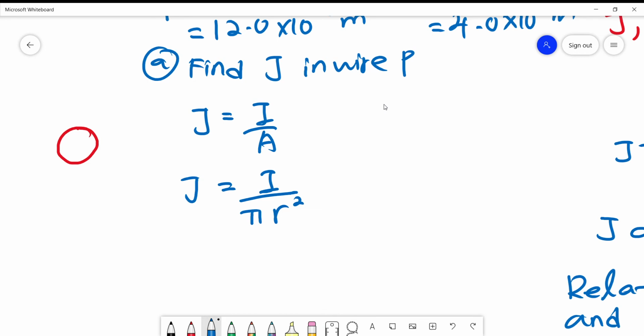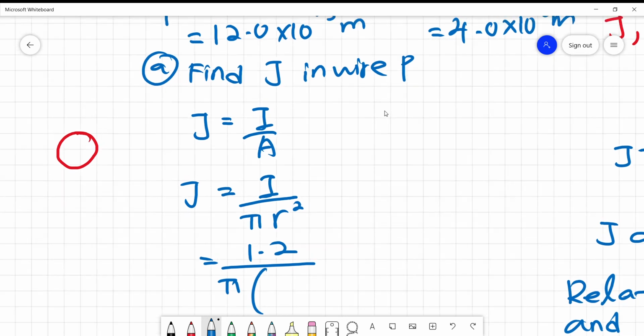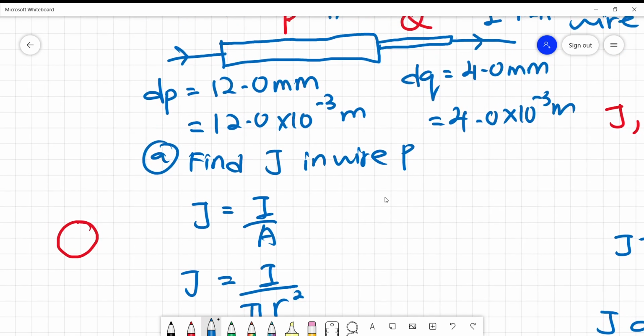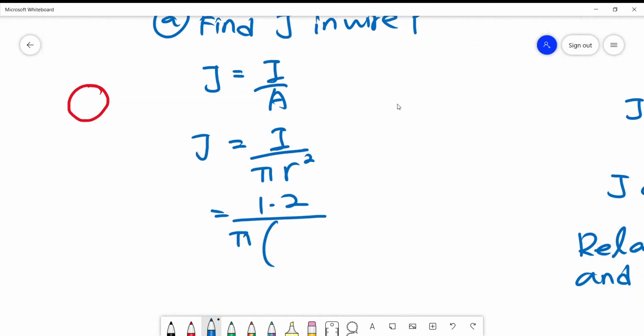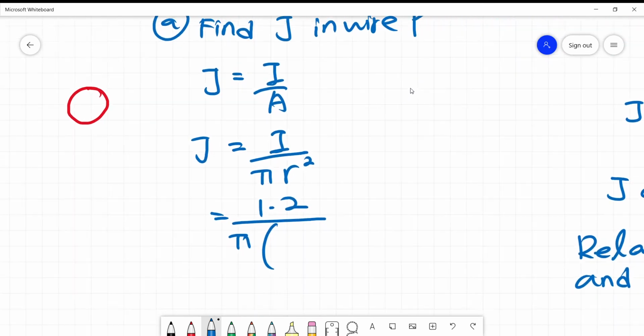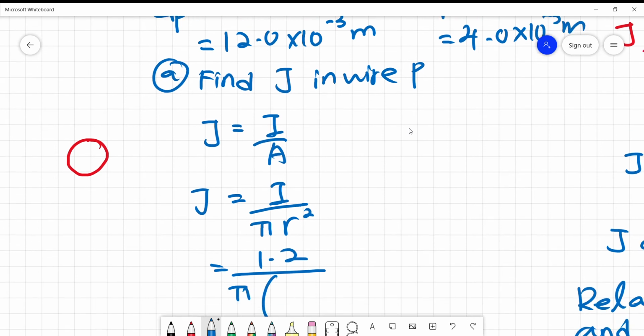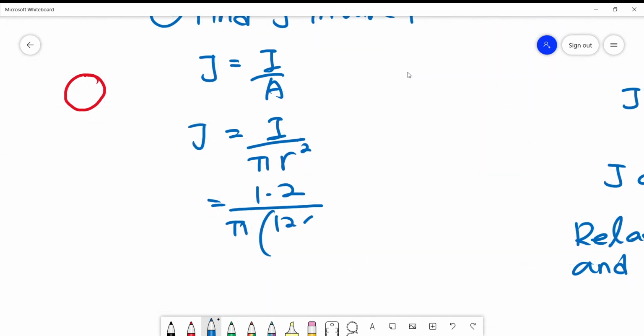So I is 1.2, pi, and r is half of the diameter of the wire P. So this is 12 times 10 to the power negative 3 divided by 2, since it is a half of the diameter.